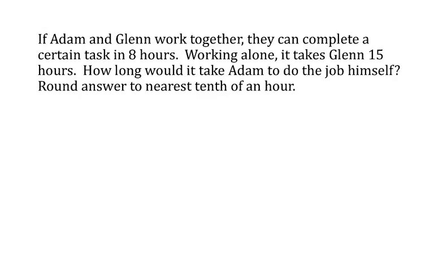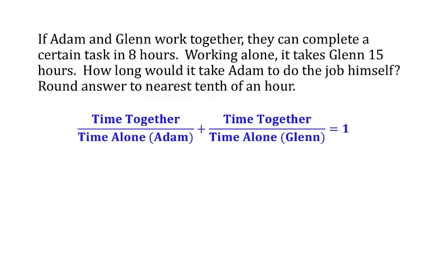So given this situation and the formula we talked about briefly, let's see what we can plug in and what the unknown is. In this case it looks like the time together was given as 8 hours. So I can begin by filling in the numerators with 8. And then the time for Adam, that's what we don't know.